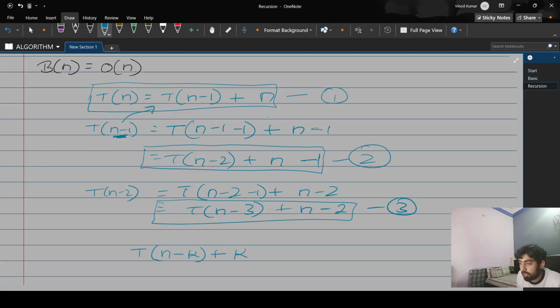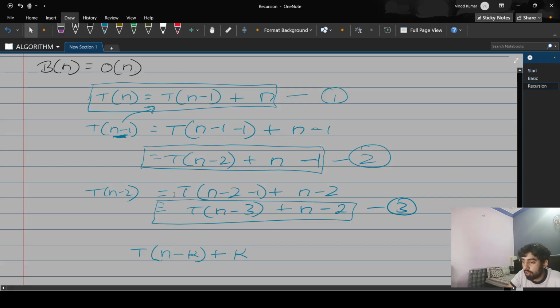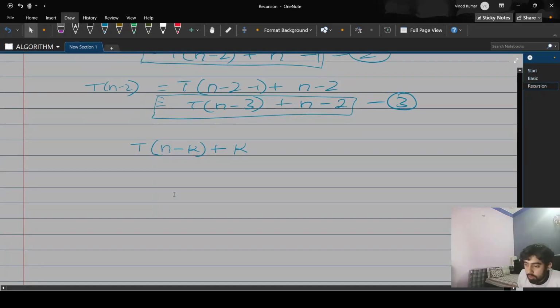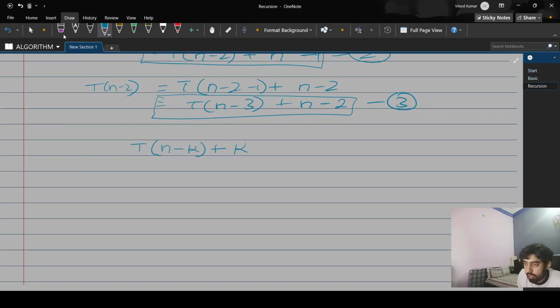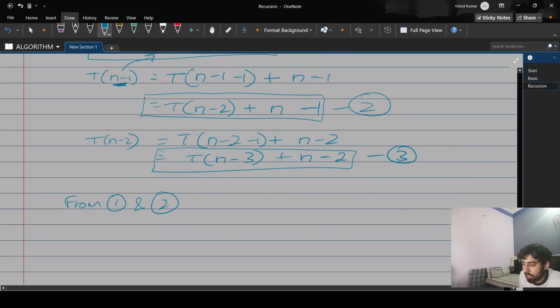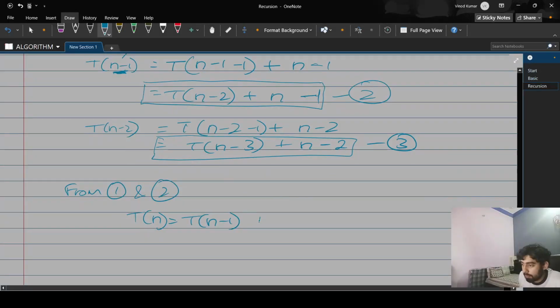Let me explain it in this way. Just a second. This is the first equation. This is the second equation that we got. Now let me erase this. From 1 and 2, we will be getting T of n is equal to T of n minus 1 plus n.